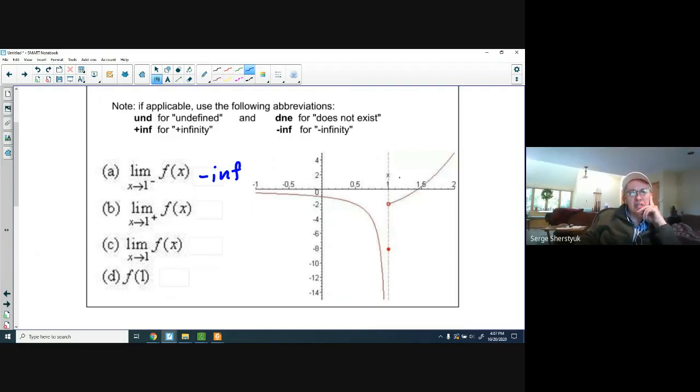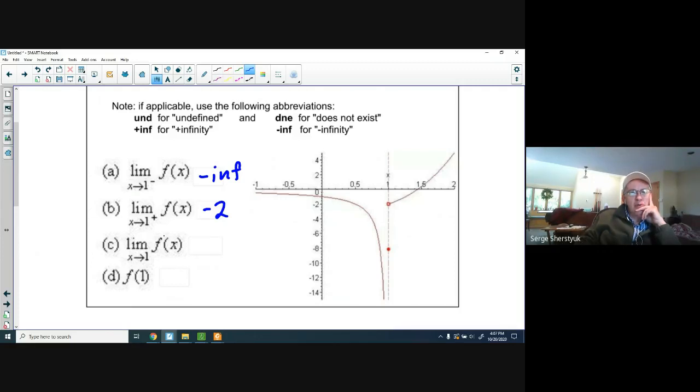How about the positive side? I'm following this curve right here. What y value does it seem to be reaching? It looks like it's going to reach -2. That's the y value, even though I have an open circle there, that's really what the destination is.